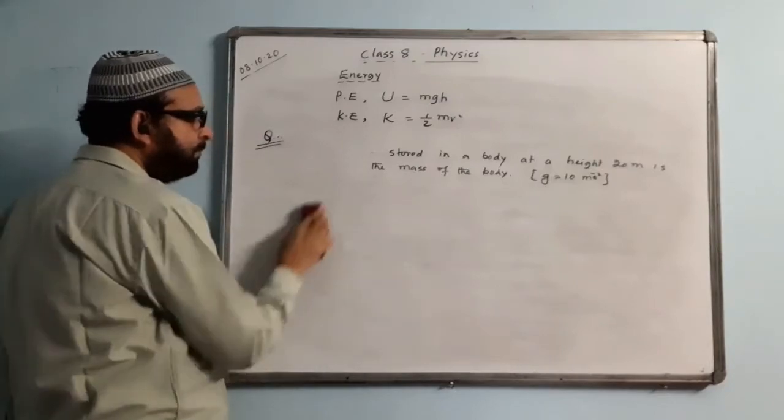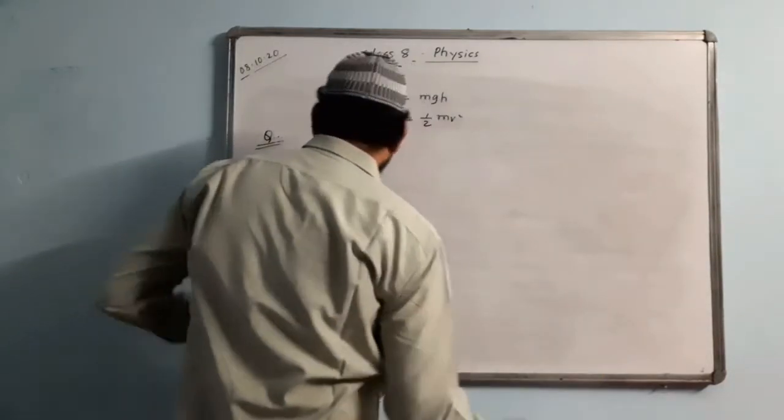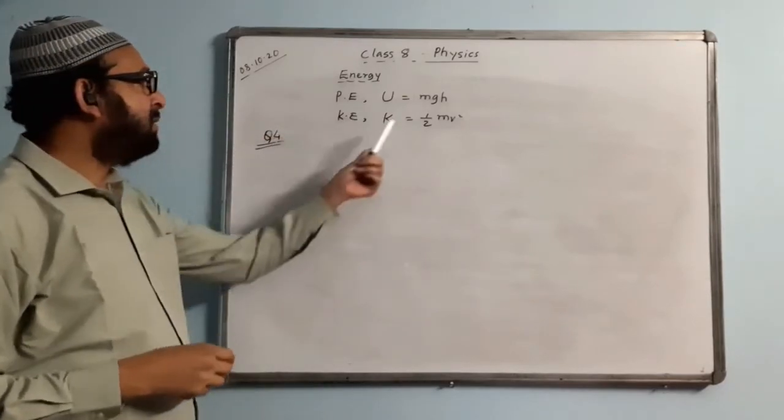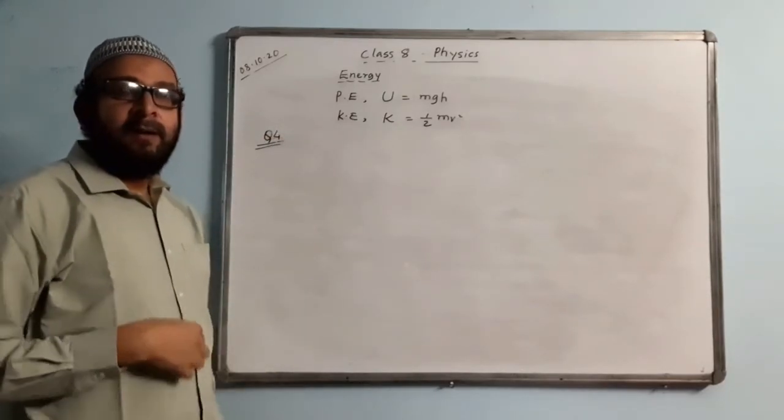Now we are doing the problems on kinetic energy. Formula is half mv square, as I have already written.